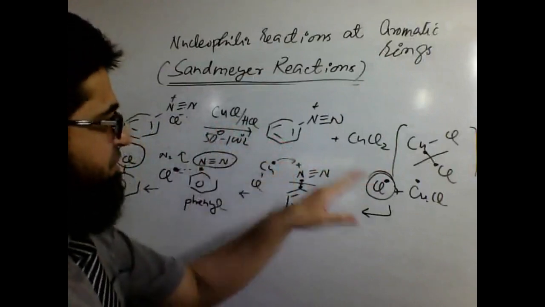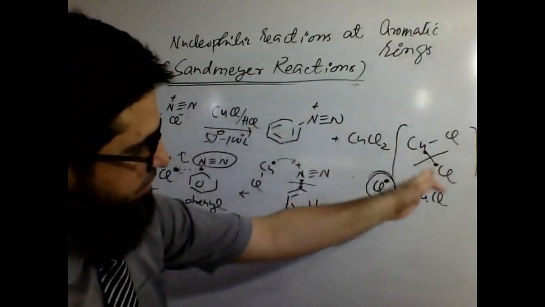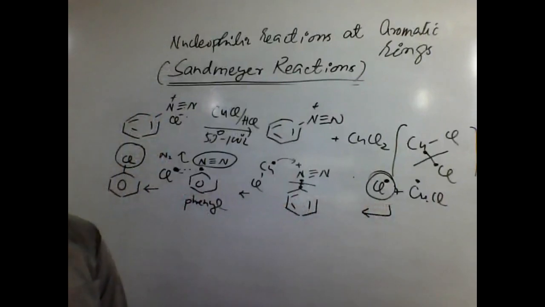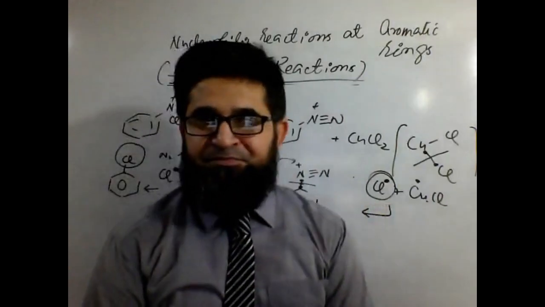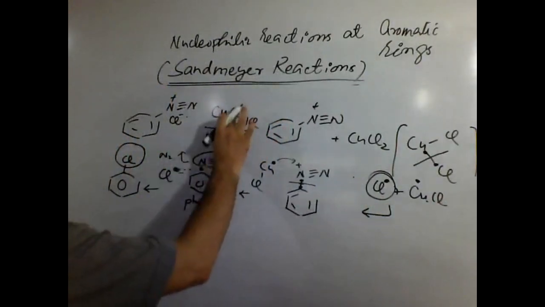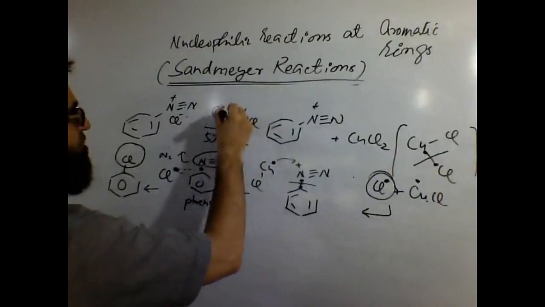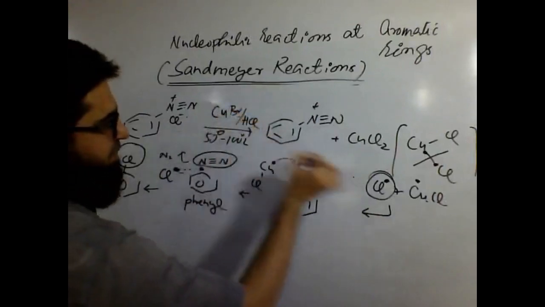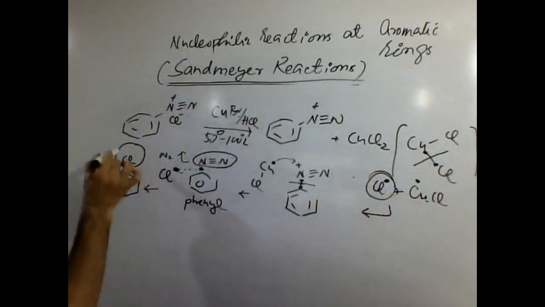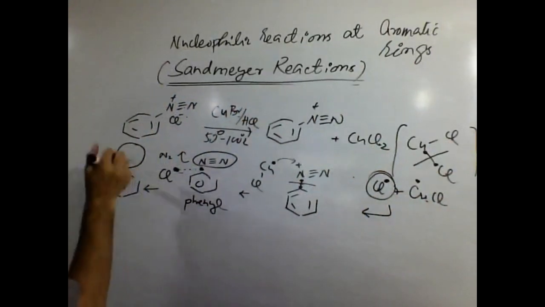So this is one way where the reaction mechanism proceeds through radical formation. The other way, I've already explained to you. If we have started with bromide, we will have a bromide over here, and finally it will have a bromide over here.